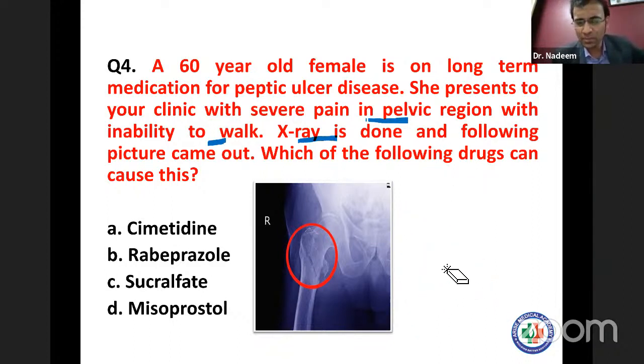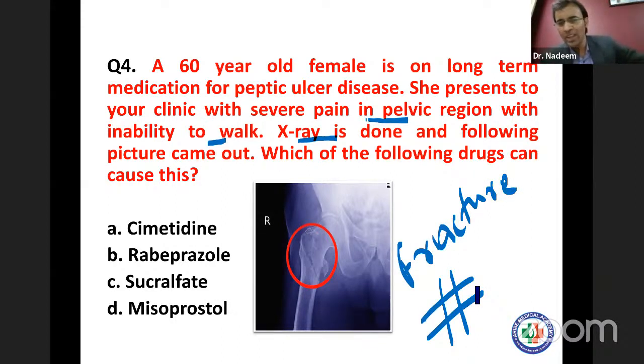I can see in this X-ray that there is a fracture at the neck of the femur. Now I have to analyze on the basis of this X-ray image and the clinical condition of my patient. This X-ray is saying that my patient is having a fracture.